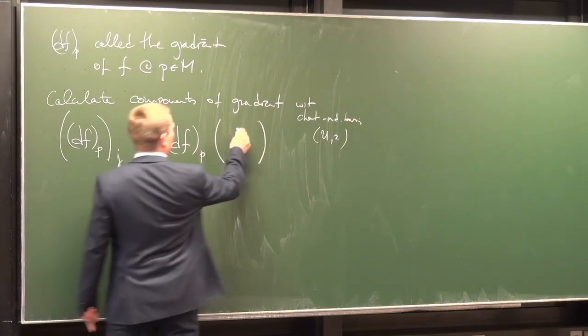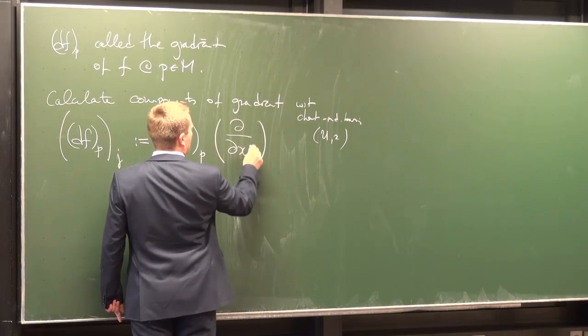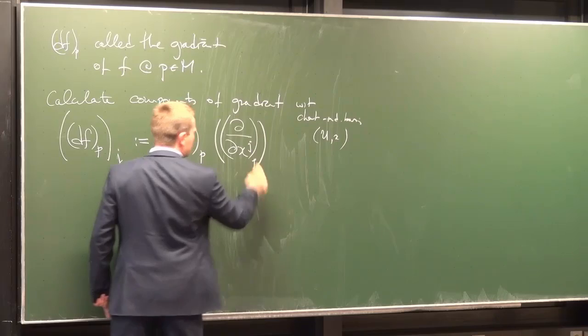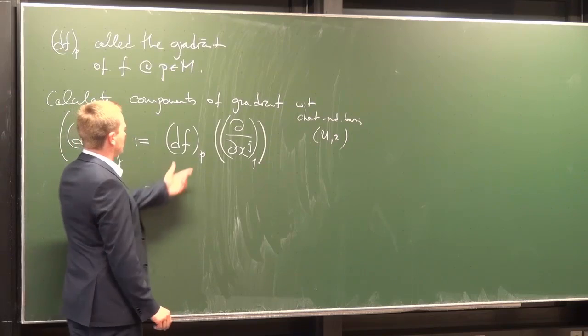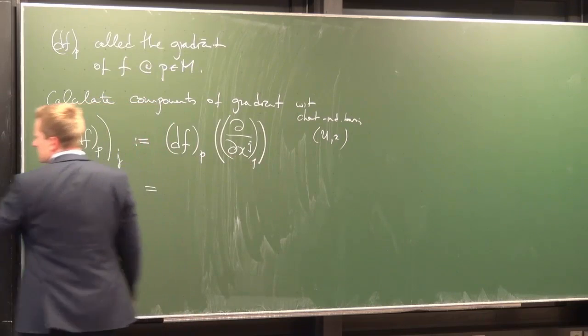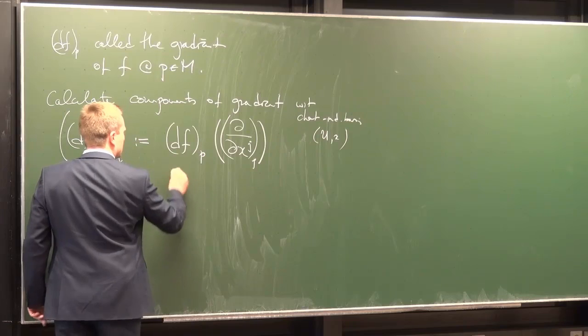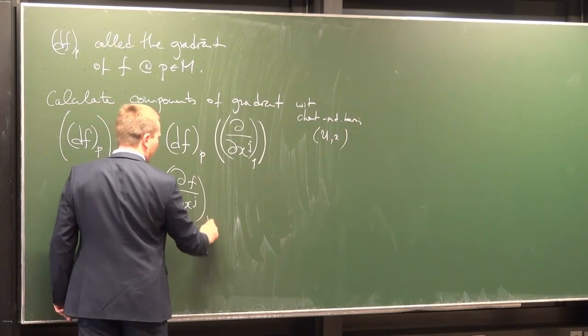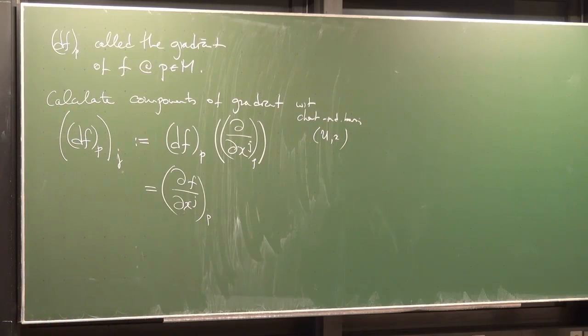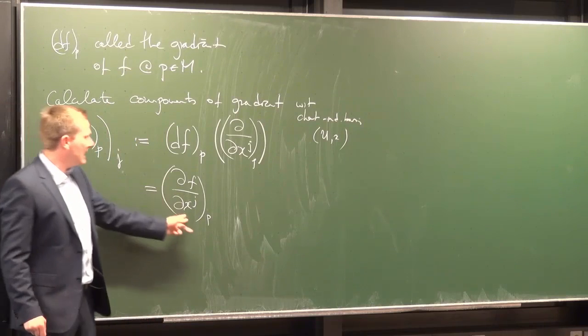So we plug this in. So what is this? This is the jth basis vector, and that was this object. Let's calculate this. Well, this applied to this vector is actually the vector applied to f: d by dx^j of f at p. There we got it. Now it looks deceptively like what you would do.